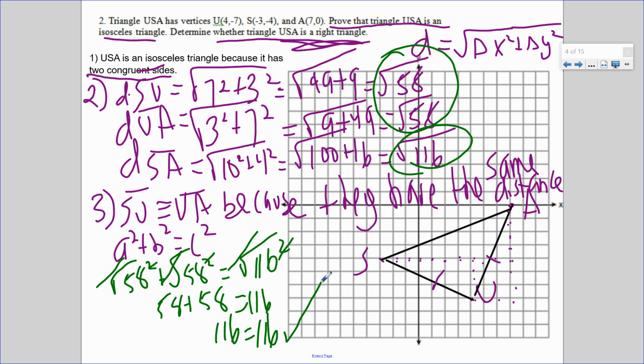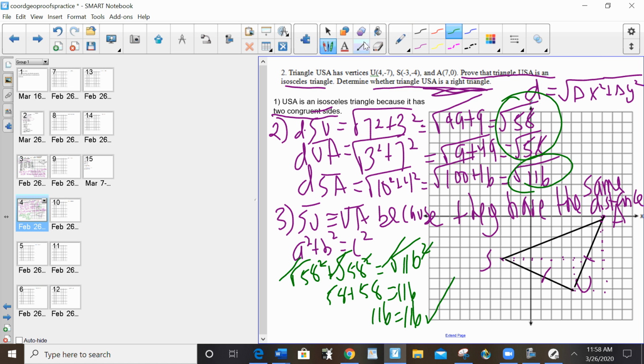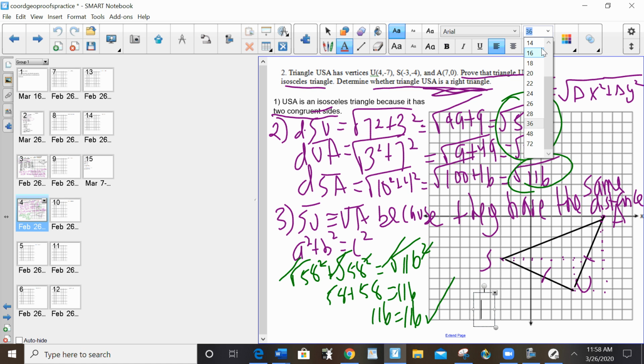So I'm going to write: USA is a right triangle because its sides fit into Pythagorean.